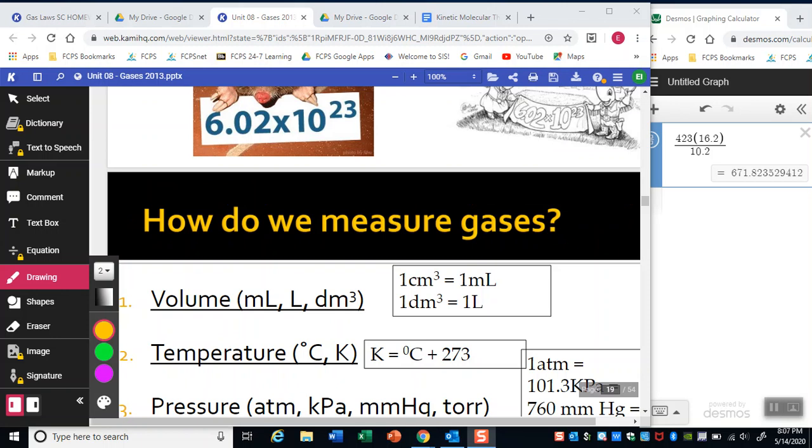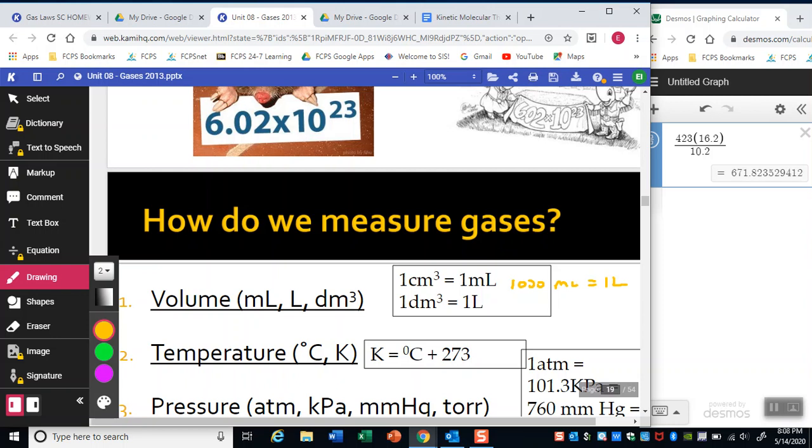Okay, so I'm going back to earlier in the slides. Volume. We need to remember these conversion factors. So 1 cubic centimeter is 1 milliliter. And 1,000 milliliters is 1 liter.